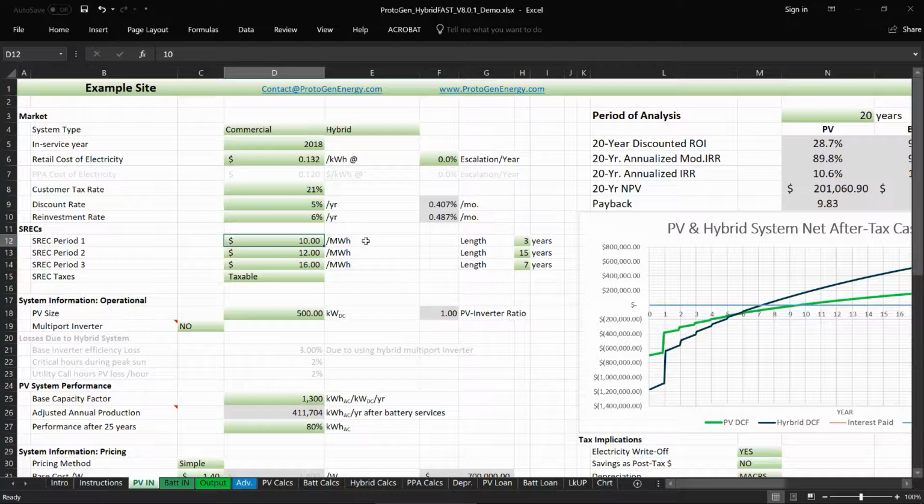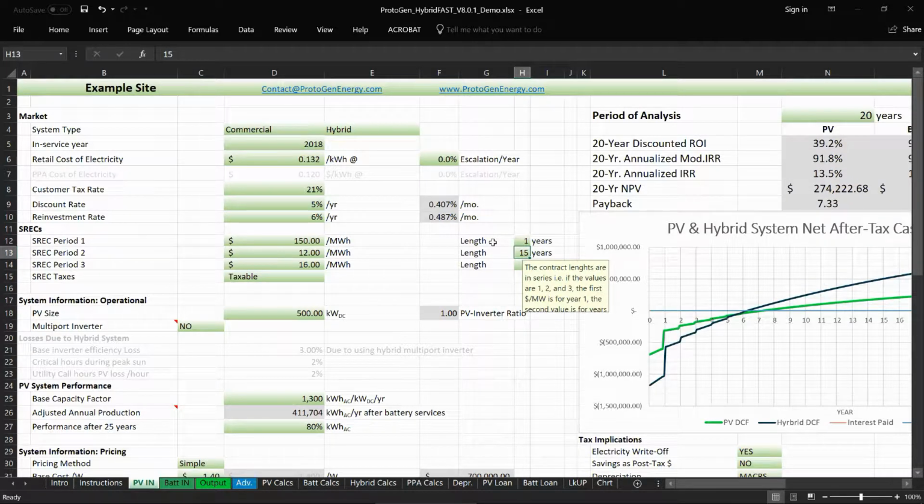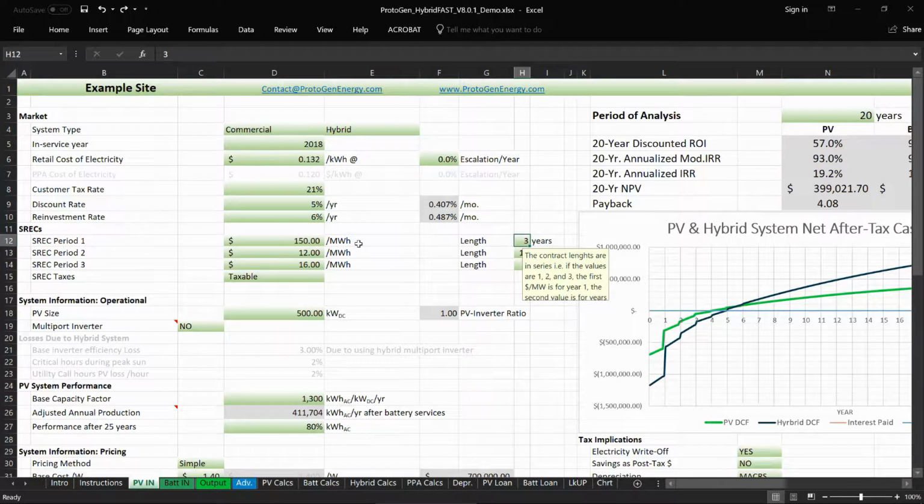The HybridFAST tool allows you to have 3 different contract periods in case you foresee some volatility in the market, or if you're a developer and you've already locked in some contracts, perhaps at $150 per megawatt hour, but you only have that for 1 year. You would put that in there, and then years 2 through 16, as this is shown now, would be at $12 based on the values we have in here.